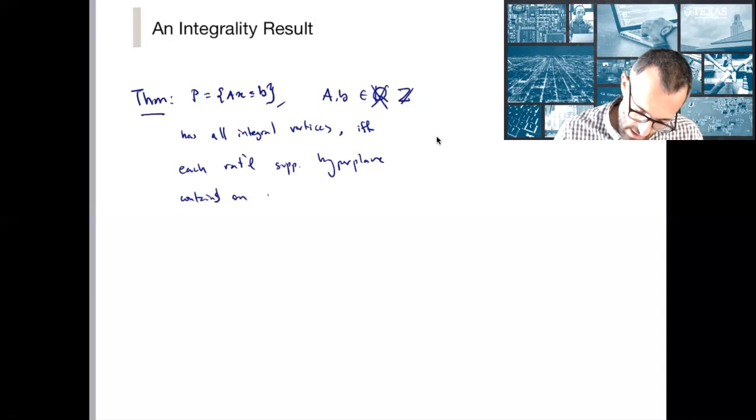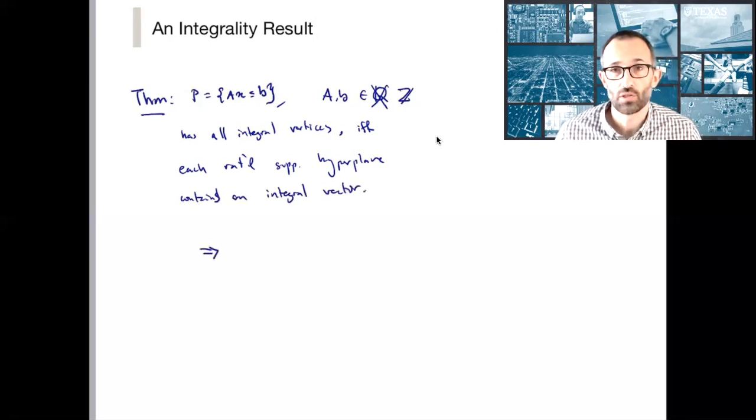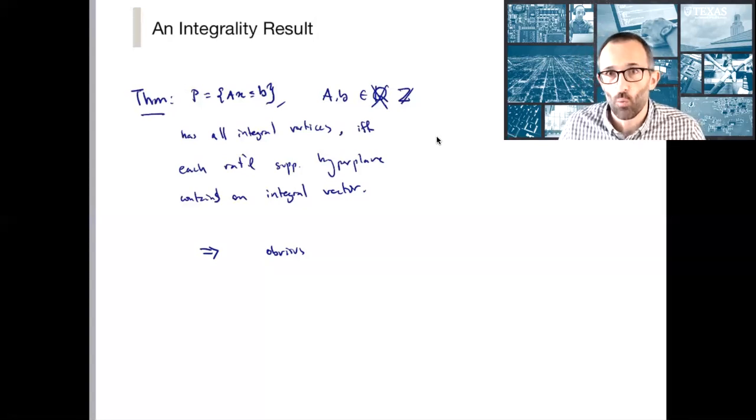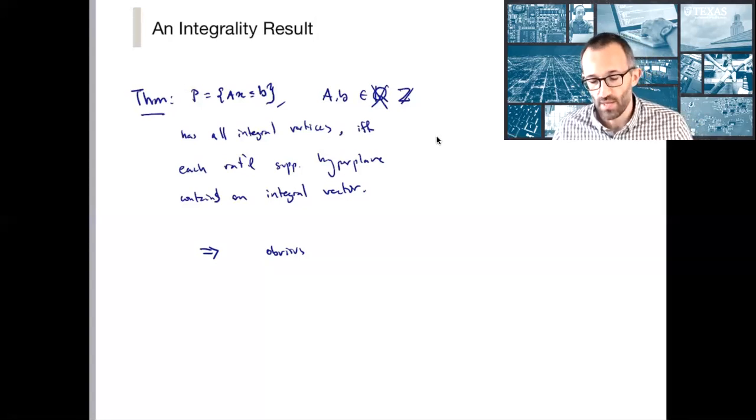Again, as we mentioned last time, one direction of the proof is obvious. This represents a result that hopefully will be useful because the condition that each rational supporting hyperplane contains an integral vector appears to be weaker than the original condition that our polytope has integral vertices.